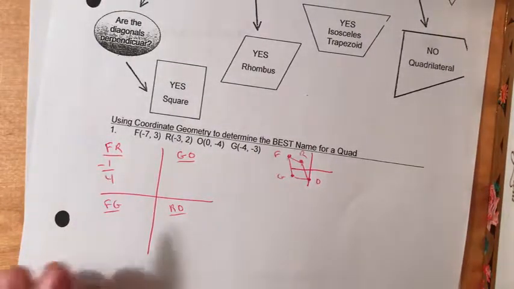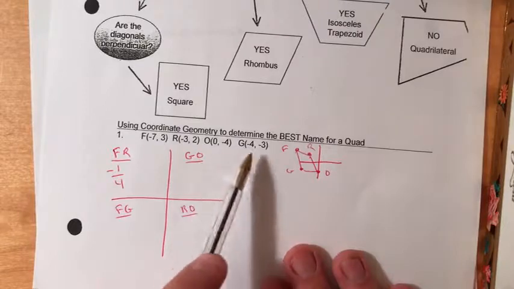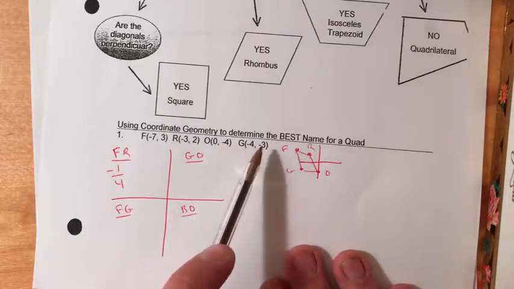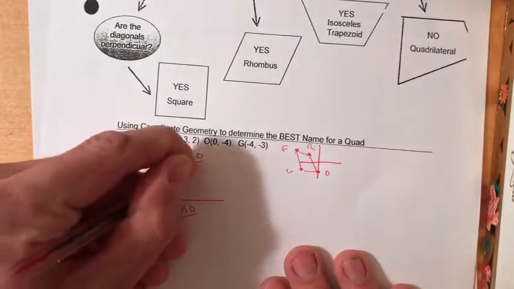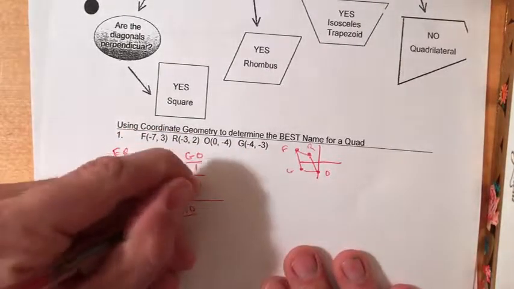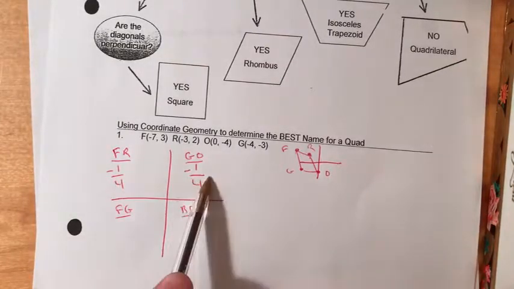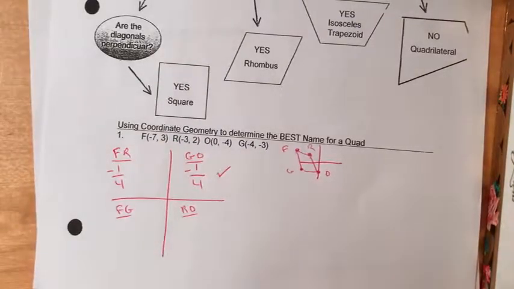If you need to take your time and do more work than that for slope, that's fine, but just for the sake of this video not melting your minds and making you want to quit math forever, anyways, so GO, y2 minus y1, -4 minus -3 is a -1, over 0 minus -4 is a +4. So right now I have -1/4 and -1/4. So those two, right off the bat, I have at least one set of parallel sides.